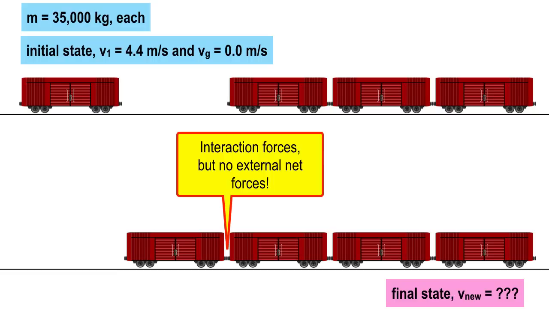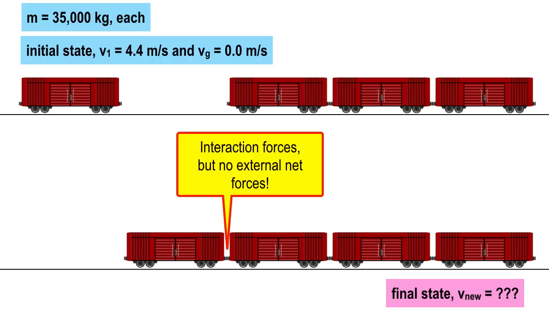The thing about box cars, they're going to latch together. So number one is going to bump into the string of three, and then they're all going to move off to the right at some other new velocity, v subscript new. That's what we're going to try to figure out. Now, all the box cars are identical, so we're idealizing a little bit, and we're ignoring friction and air resistance.